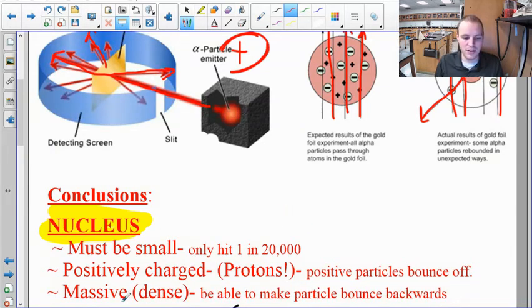And he also concluded that it must be massive or really dense. So he came up with the idea that there must be a nucleus, that it must be really small, that it must be positively charged, and that it must be really dense. How else could those particles bounce backwards unless they hit something that was pretty dense?